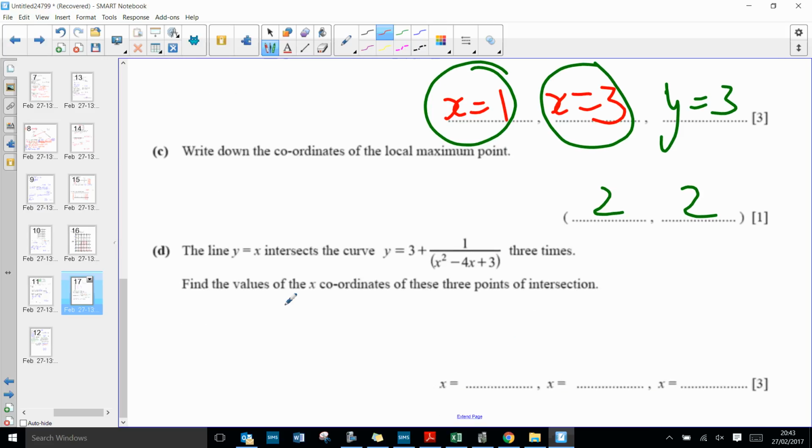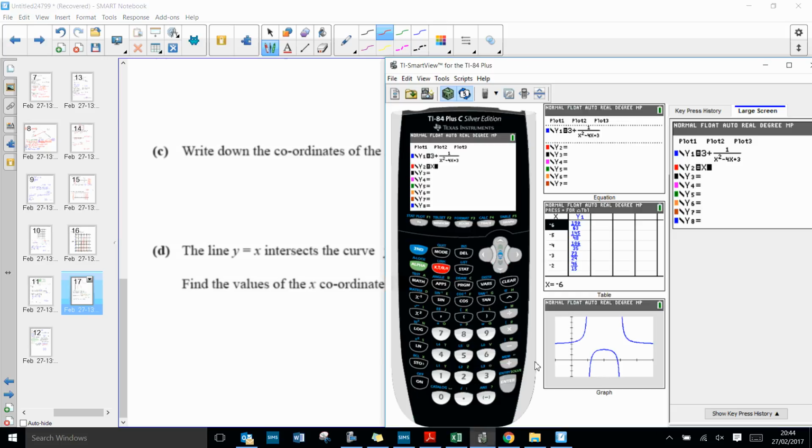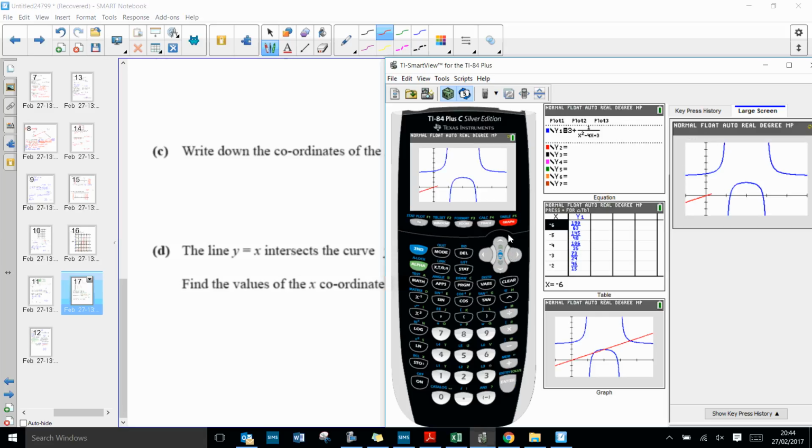The line y equals this intersects the curve 3 times. Find the values of the x coordinates at those points. So we can now also plot the graph y equals x. So we need to find these 3 places.